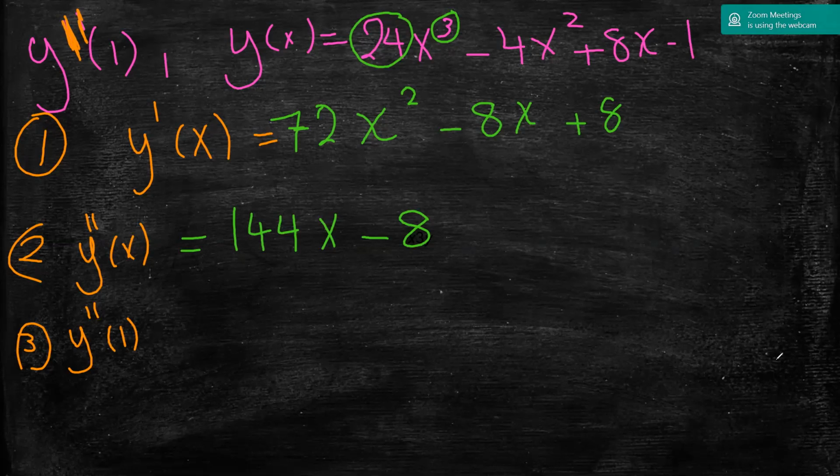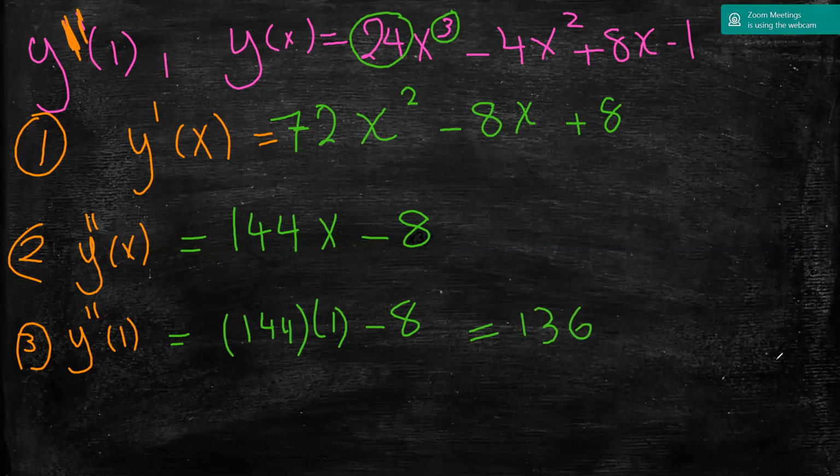Then y double prime of 1, that means I have to substitute 1. So it will be 144 minus 8, which is 136. Is it clear? Yes, teacher.